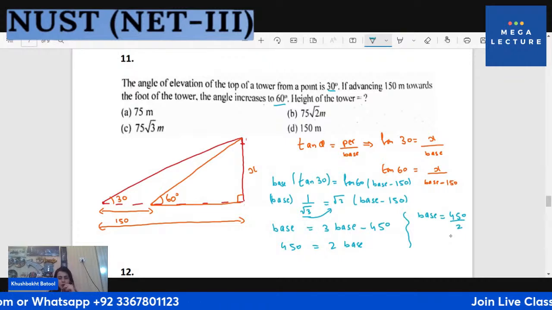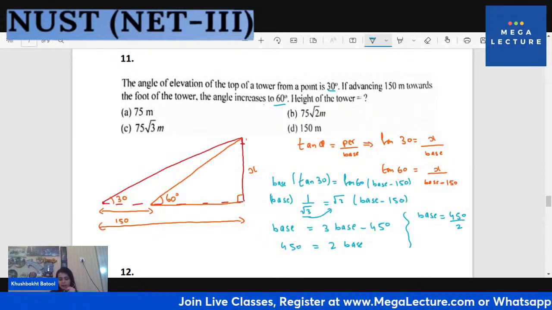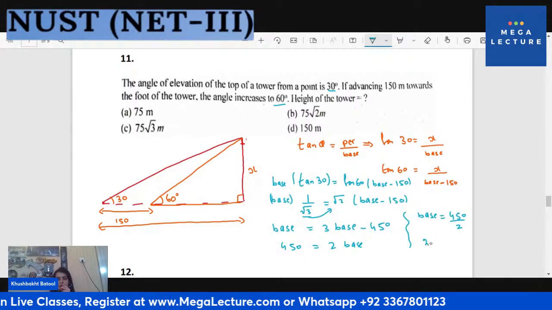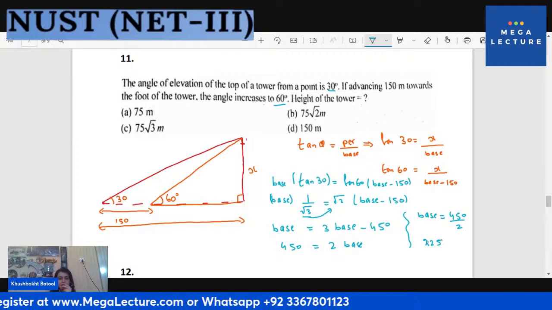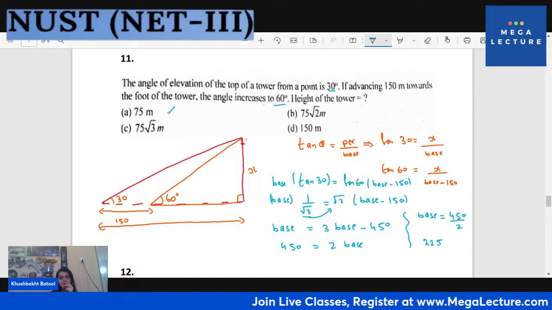So now we got 450 divided by 2, which is going to give you 225. Now 225 is not there, you can't find 225 in any option. So one thing is clear, it won't be A, it won't be D.